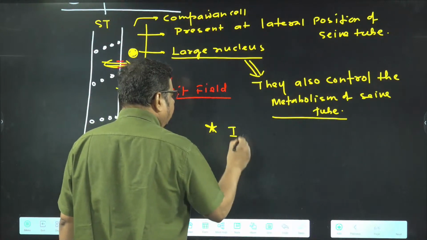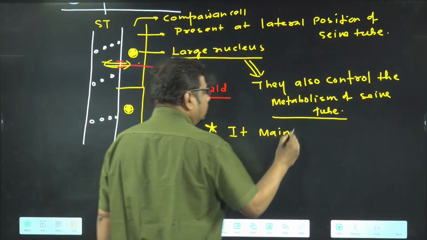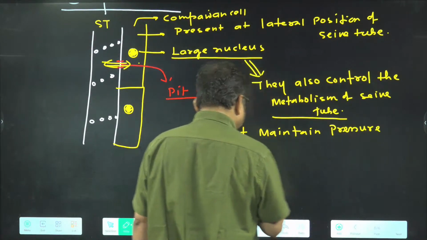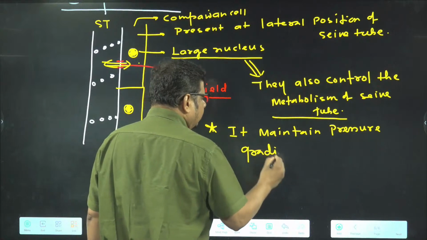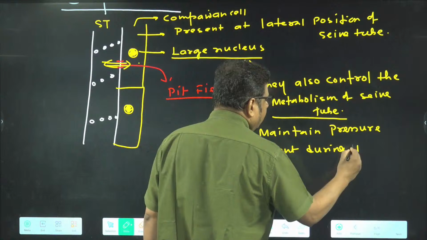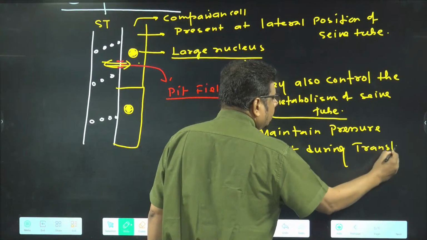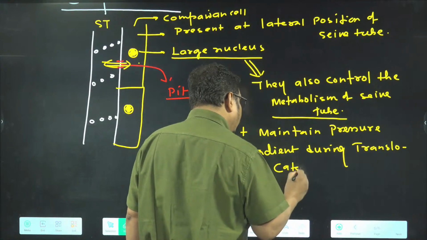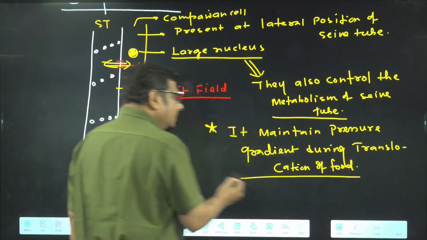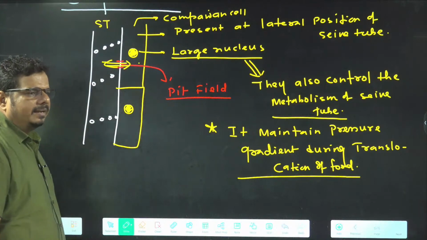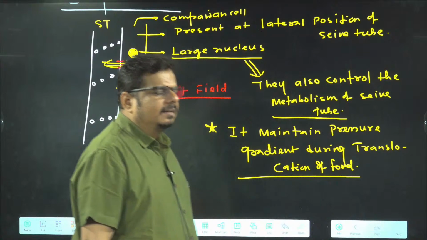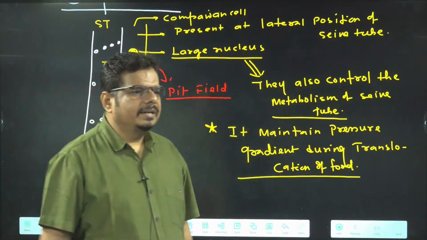It maintains the pressure gradient during phloem translocation of food. How this pressure gradient is maintained by the sieve tube during food transport, we will deal with the answer in physiology.